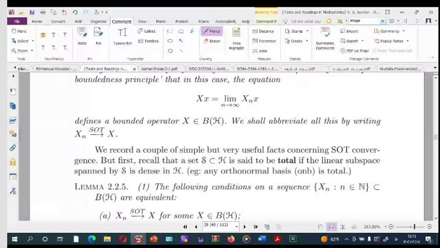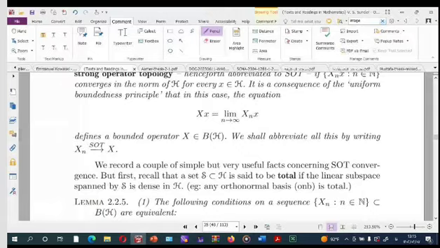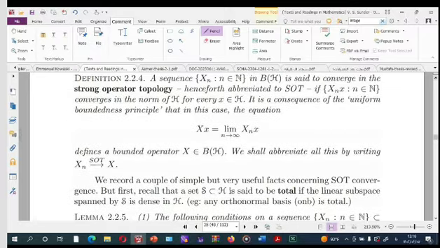This is very important. For any x, this sequence must be a convergent sequence.